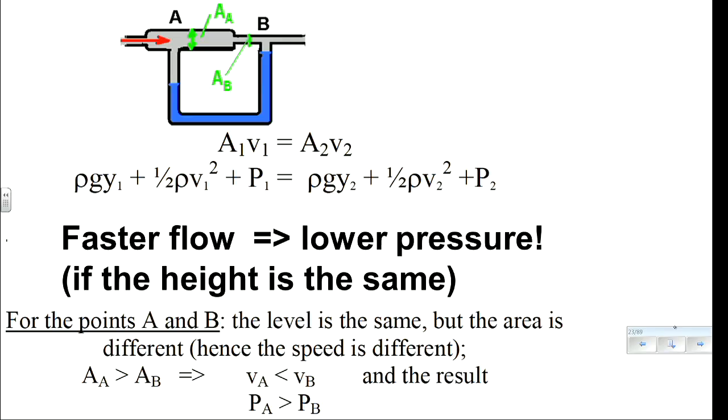Why? Because of this equation. If area becomes smaller, to compensate for that, speed should become higher. So when the pipe is getting narrower and narrower, the speed of the flow is higher and higher.